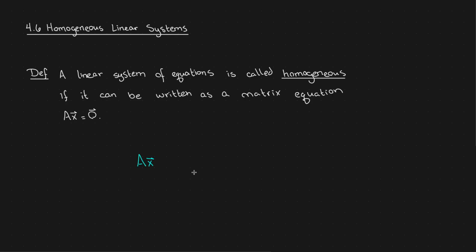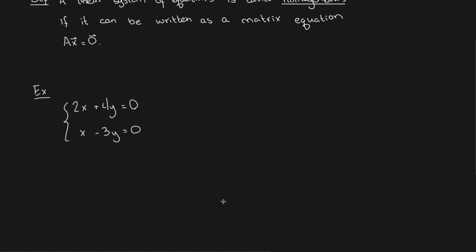All right, so let's look at a brief example. If we have 2x plus 4y equals 0 as our first equation, and maybe x minus 3y equals 0 as our second equation, we just have two equations. This is a homogeneous linear system. And the key that makes it that is the zeros on this side of the equation.